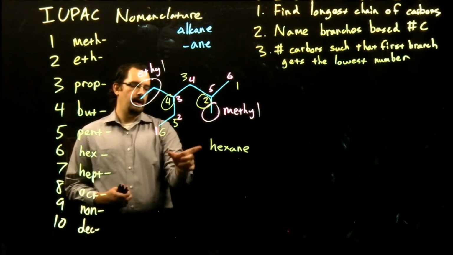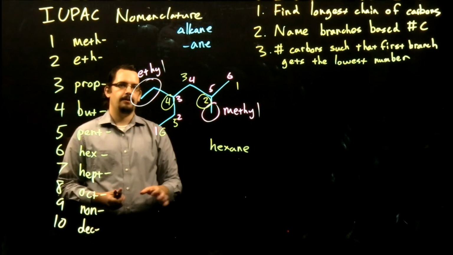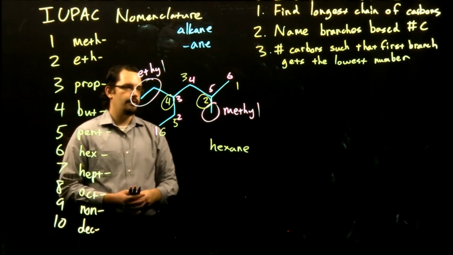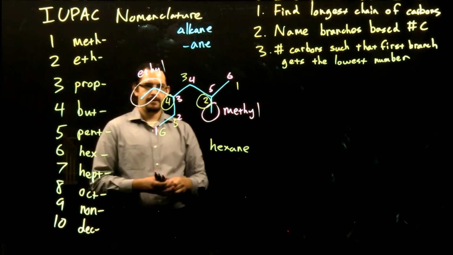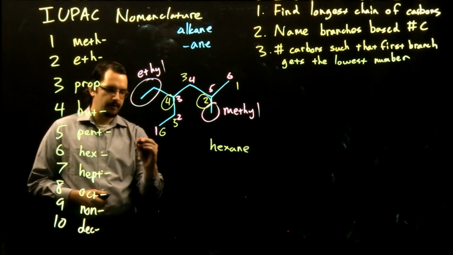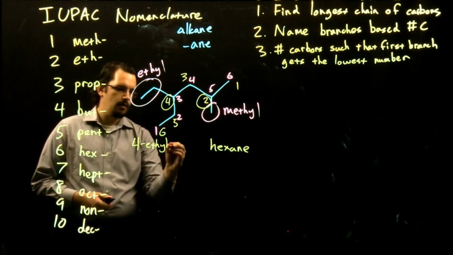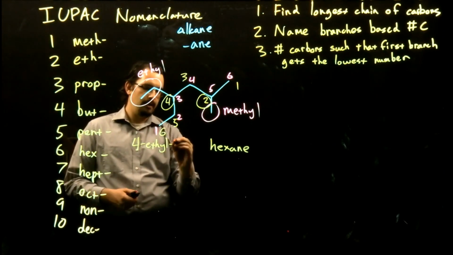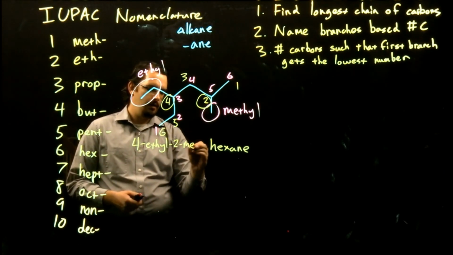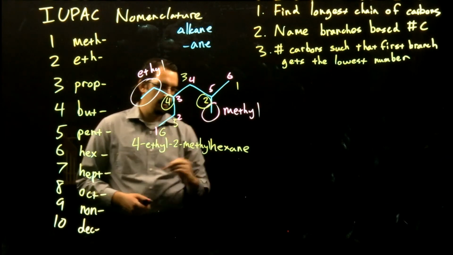Now, when I put those in my name, I want to put them in alphabetical order. So ethyl will go first. So this would be 4-ethyl, and then I add my methyl, 2-methylhexane.